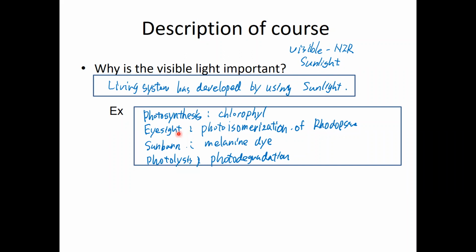For the detection of sunlight, we use a chemical reaction inside the eye. Maybe chemistry students are familiar with the isomerization reaction. This cis-trans isomerization is induced by light, in a photoresponsive protein called rhodopsin.